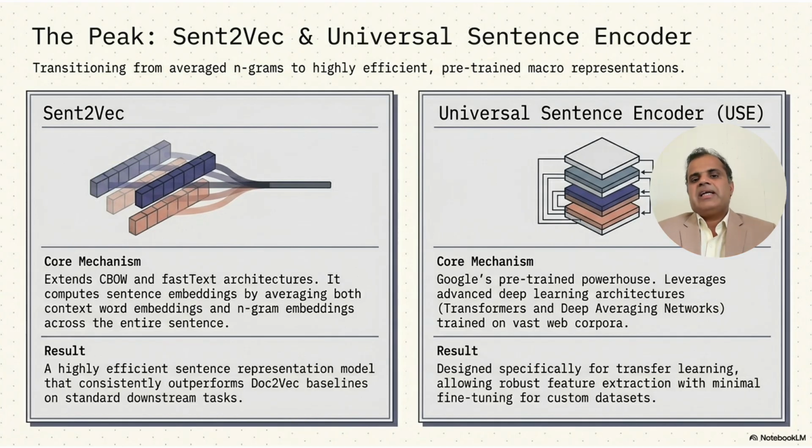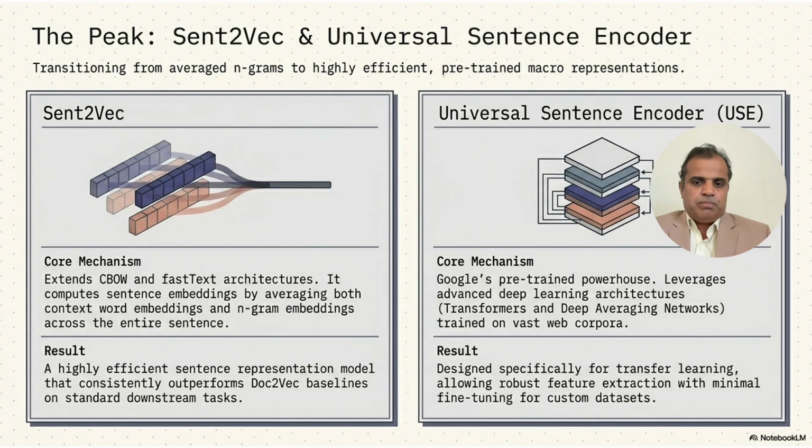Finally, we reach the peak of macro representations. Sentence2Vec extends the FastText and CBOW architectures to the sentence level, averaging n-gram embeddings across the entire sentence to consistently outperform the Doc2Vec baseline. Then we have Google's Universal Sentence Encoder, which is called the USE technique.